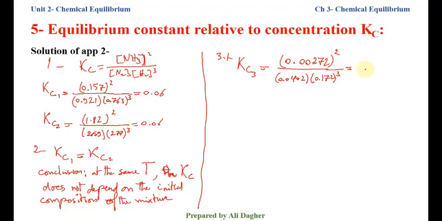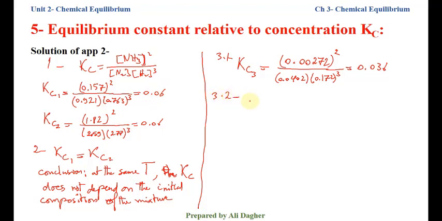The value of Kc now equals 0.036. Kc is without unit. The value of Kc at 472 degrees is different than the value of Kc at 500 degrees.